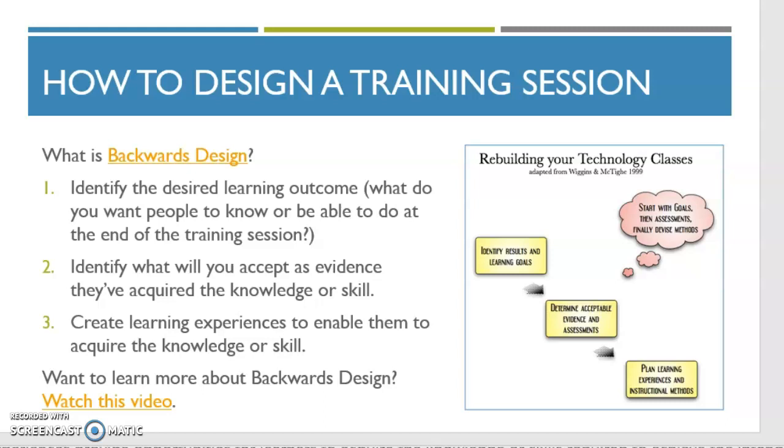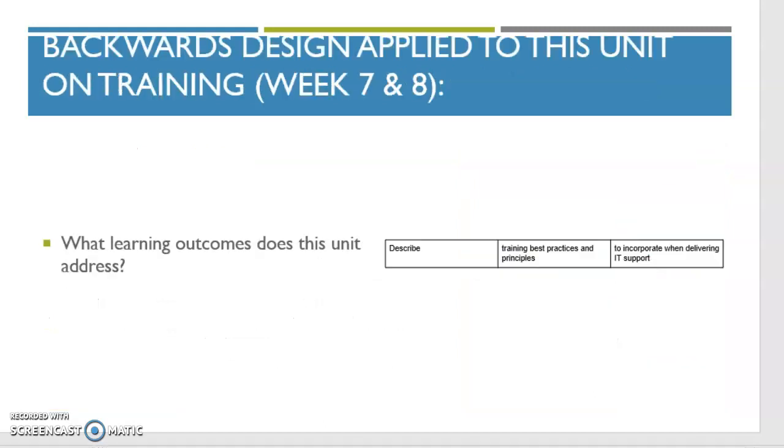Okay, so let's take a look at backwards design and apply it to this unit on training, which is week 7 and week 8. So step 1, what do you want? What do I want you to know or be able to do by the end of this unit? What is the learning outcome?